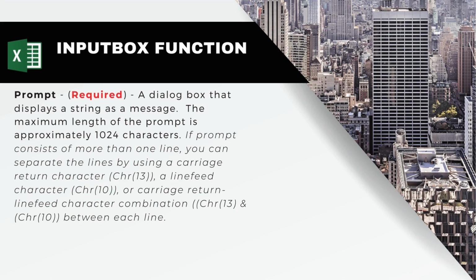The maximum length of the prompt is approximately 1,024 characters. If the prompt consists of more than one line, you can separate the lines by using a carriage return character, CHR13, or a line feed character, CHR10, or a carriage return line feed character combination between each line. So that's one thing that is required: the prompt. You're always going to require a prompt.